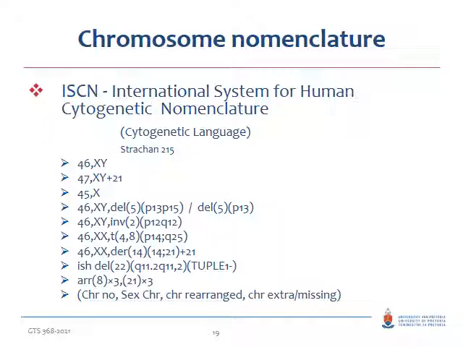And here you can see a few examples of how we actually describe these abnormalities. I'm not going to go through it in detail, but you might need to identify some of these abnormalities.